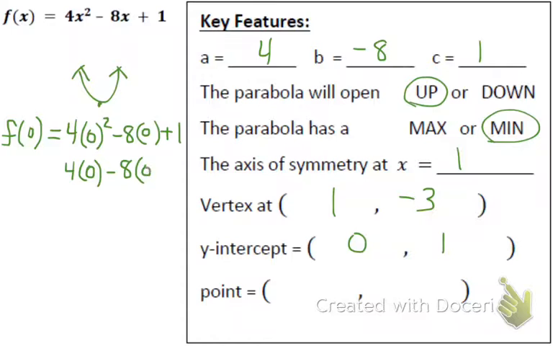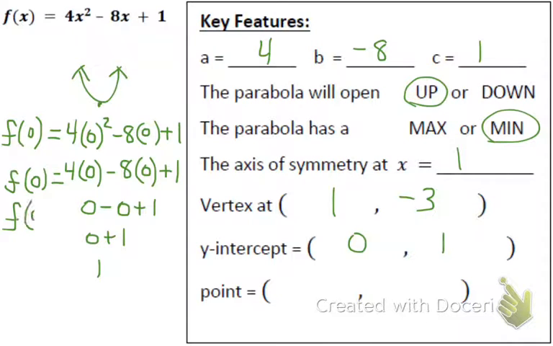Negative 8 times 0 is 0. 0 minus 0 plus, oh sorry, plus 1. 0 minus 0 is 0, 0 plus 1 is 1. So when you put 0 in, you get 1 out, so that is the y-intercept. Like we said earlier, if it's in standard form, you can just write (0, c). (0, 1) in this case.